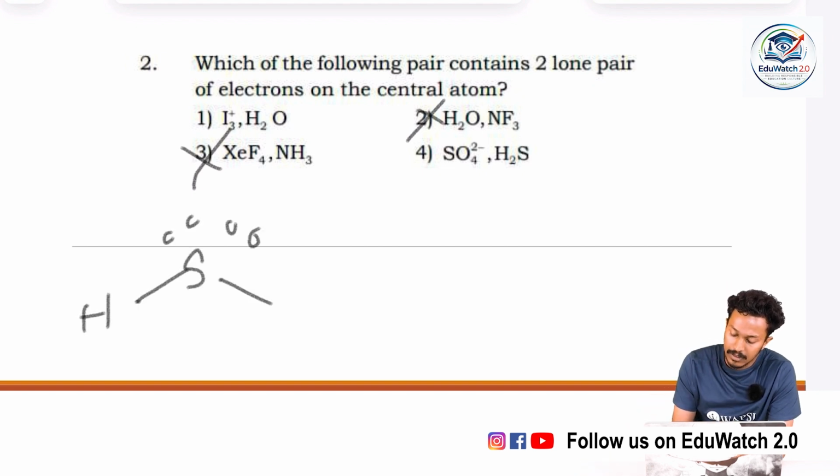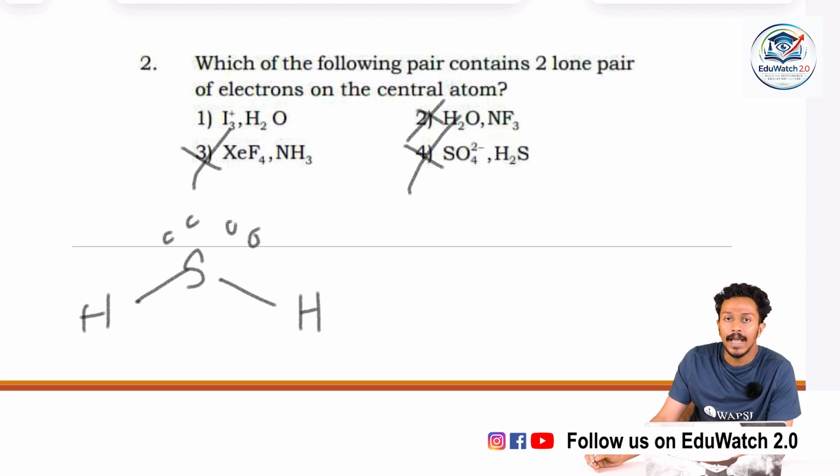H2S has two lone pairs of electrons, similar to H2O. In SO4 2 minus, there is only one lone pair on the sulfur atom and 12 lone pairs in total. So we rule out option 4, and we have I3 plus and H2O.